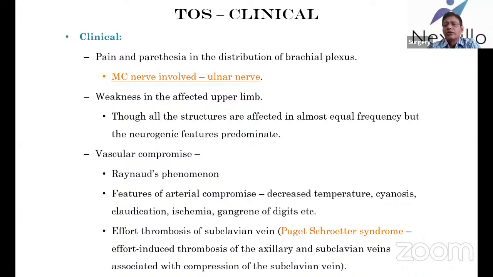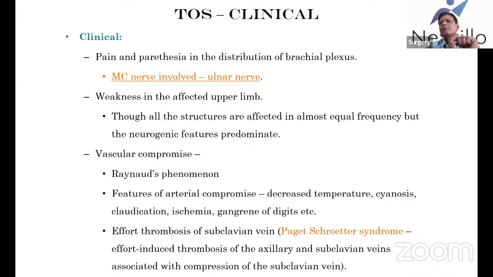This effort thrombosis of the subclavian vein is known as Paget-Schroetter syndrome. Paget-Schroetter syndrome is effort-induced thrombosis of the axillary vein or the subclavian vein due to compression of the subclavian vein, which happens in thoracic outlet syndrome.